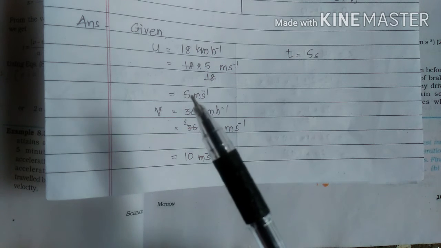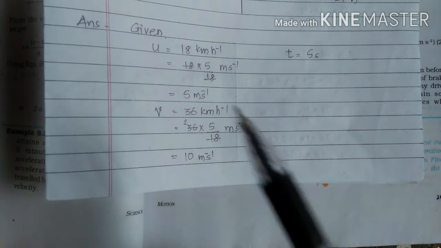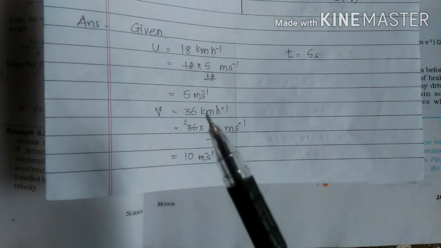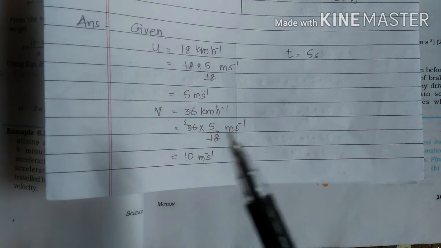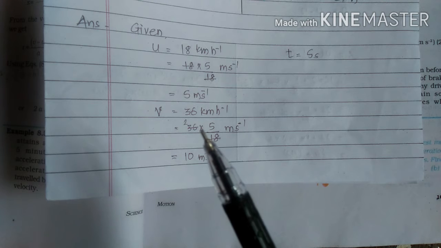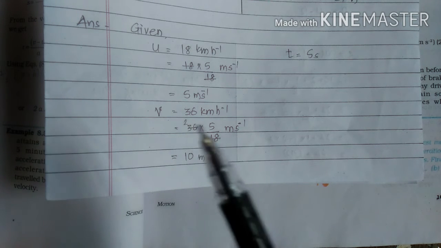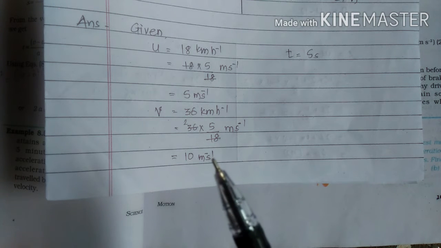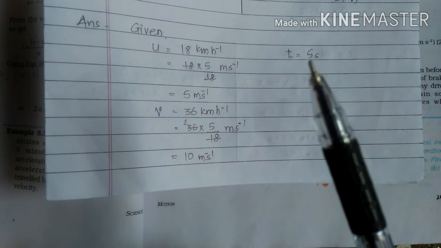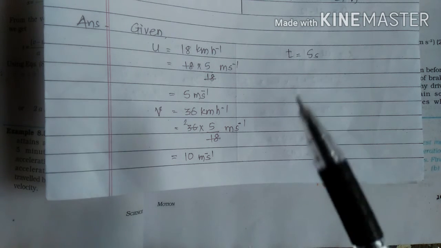Then 18 cancels, remaining only 5 meter per second. Final velocity 36 km per hour, again we convert it into meters per second. For that we have to multiply by 5 upon 18. 18 2s are 36, then 2 5s are 10 meter per second. Time is given, that is 5 seconds.